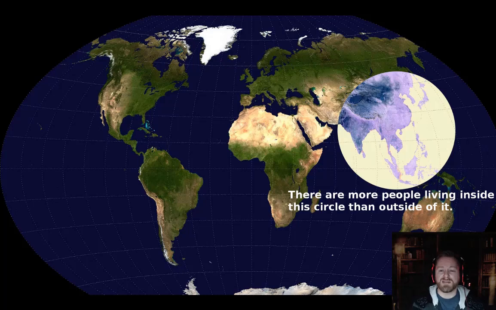So I like to leave you with this thought. There are more people living inside of this circle than there are outside of this circle. Let that sink in. There are more people here in this circle than there are outside of this circle.